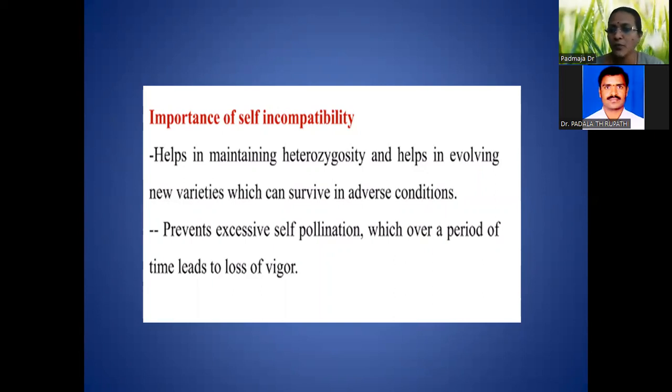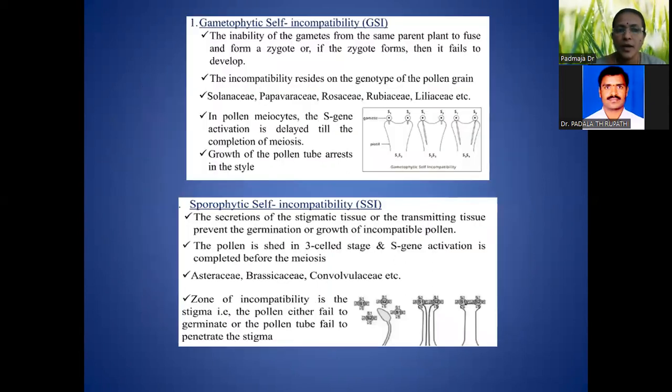So continuous self-pollination will not be helpful. And now, if you see why we are seeing this incompatibility, there are two types of incompatibility: sporophytic self-incompatibility and gametophytic self-incompatibility.